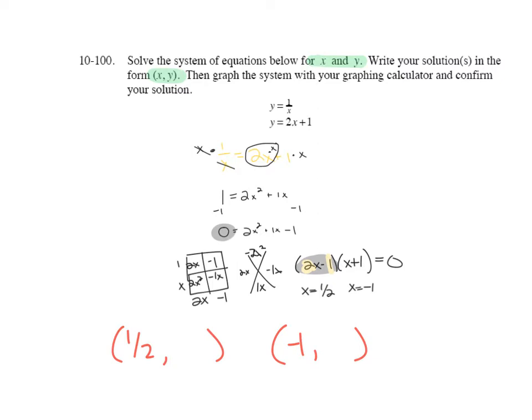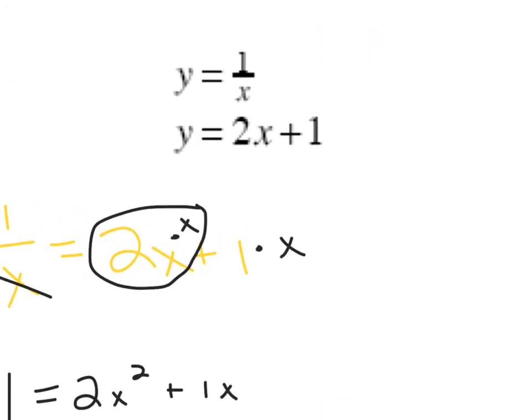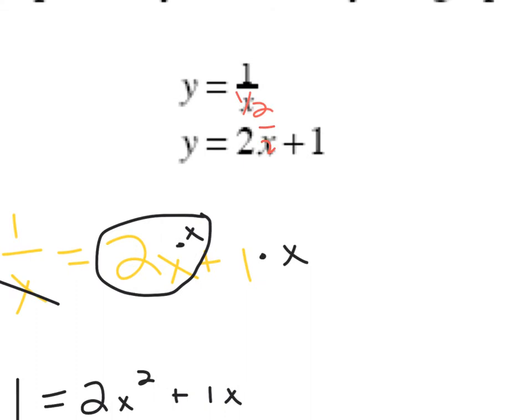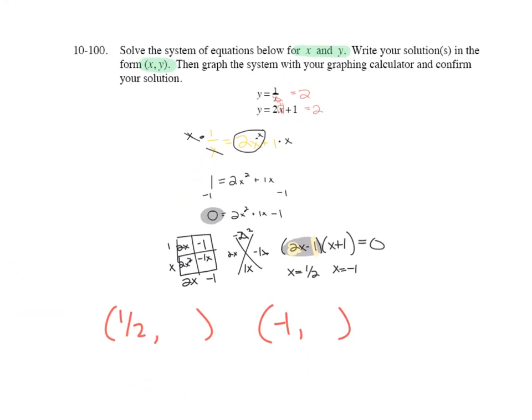So in both equations I can plug in 1/2 as the x, and in both cases I get that y would equal 2. So I know with my 1/2, the y coordinate is 2.